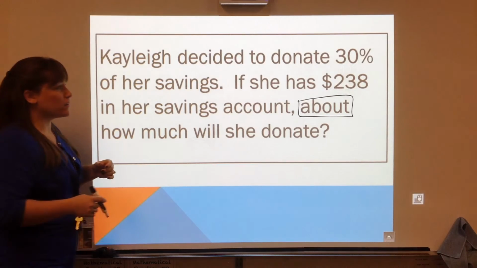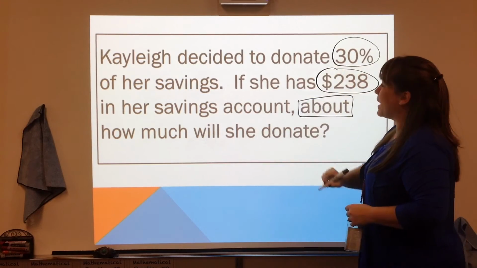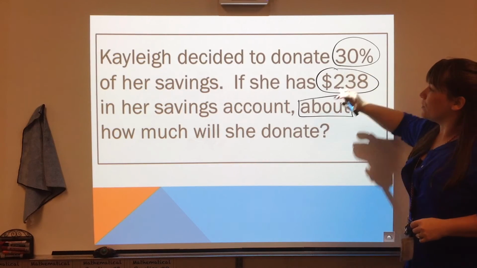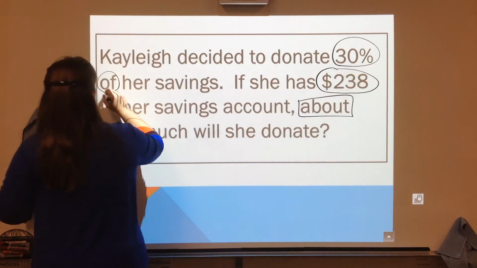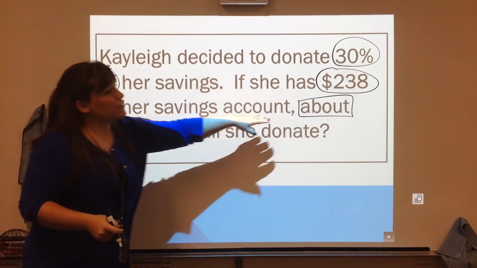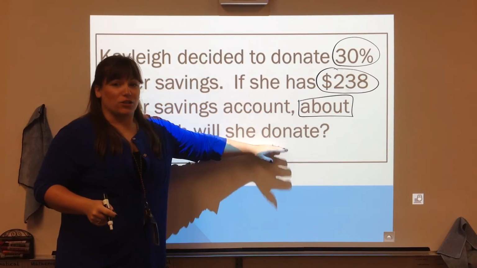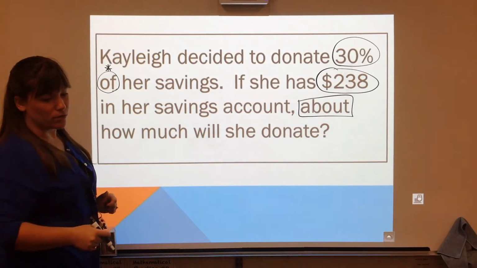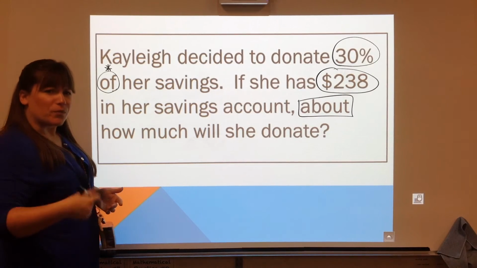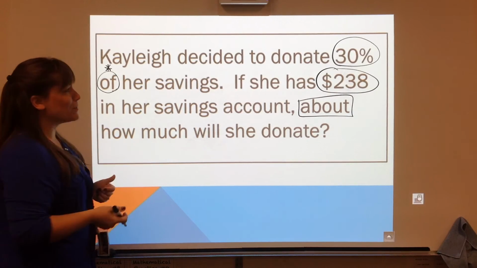So when I'm reading this, I see that there is a percentage and that there is an amount. And she's deciding to donate 30% of her savings. So this is this of, that means that we're going to be finding the percent of a number, but we're estimating, so we will find out how much she actually donates. So I'm going to do the 10% trick, since the equivalent rates is a little bit of a review and the 10% trick is a little bit newer.